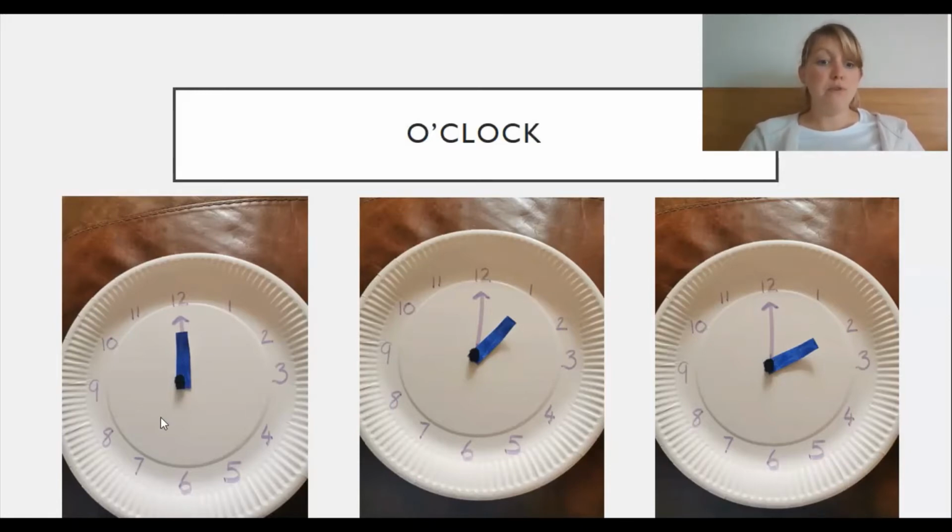And then it just moves around, and I can practice moving it and saying what time it is for the o'clock. If you would like to practice o'clocks a bit more, pause the video here and come back to it when you've got them sorted. This can be later on in the day, or it could be in a few weeks if you want to keep practicing. Whatever's best for you.